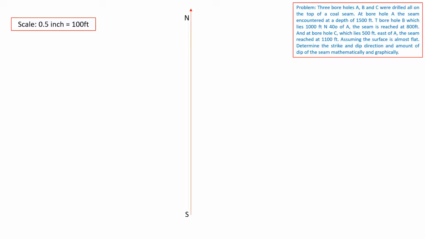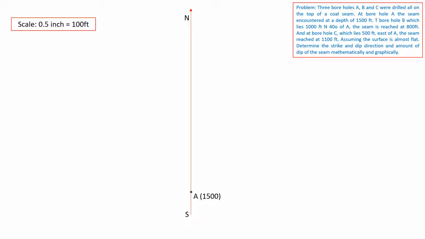Mark point A representing borehole A along this north-south line. Also mark the elevation of A. Locate the position of boreholes B and C as per the data given.